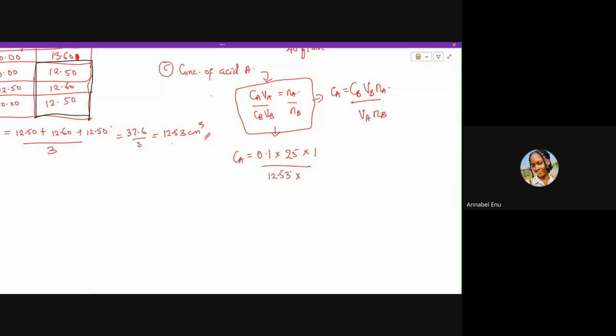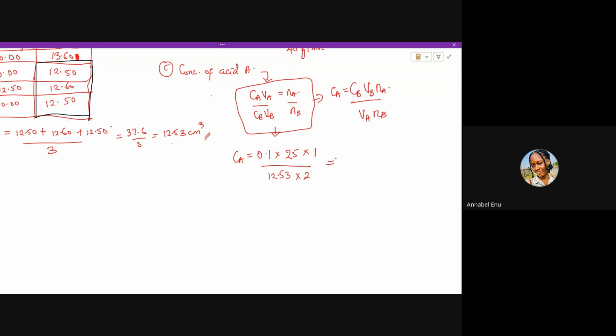So we have times 2. When we multiply all of this, if you are with your calculator, you can do the punching. 0.1 times 25, which is 2.5.